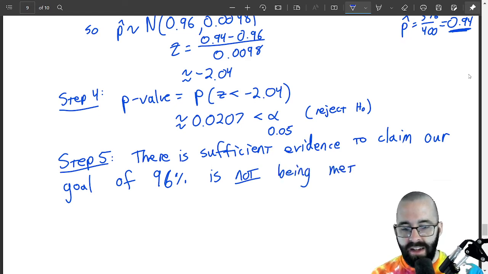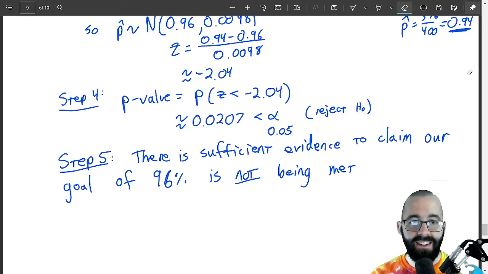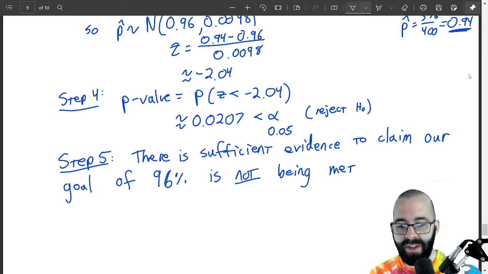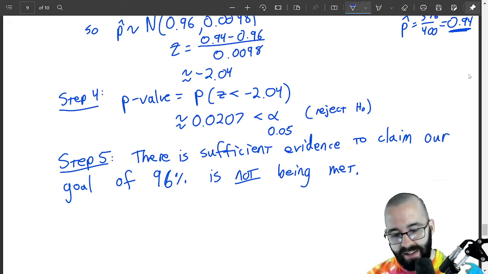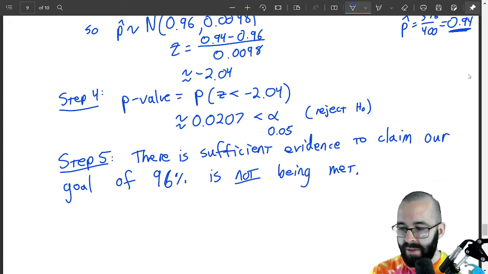Again, it doesn't necessarily matter that our sample is below the goal. What matters is how likely it is that our sample is this far below the goal. Statistics, probability, it is random. And that's kind of the main stuff.